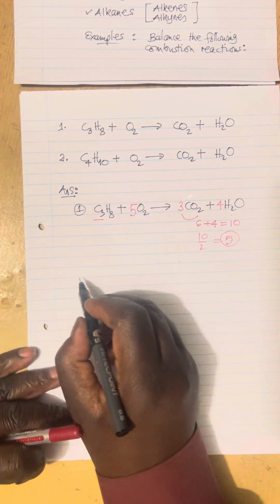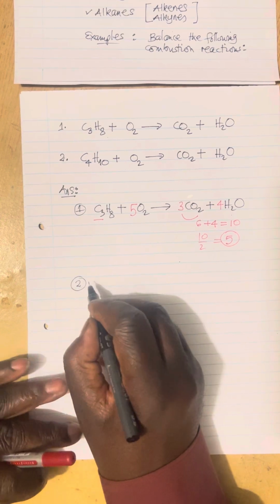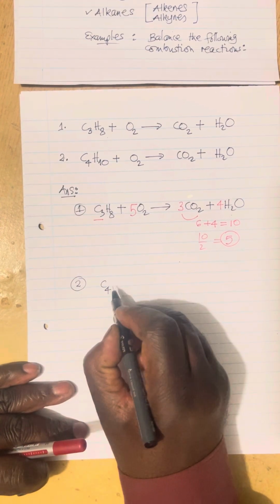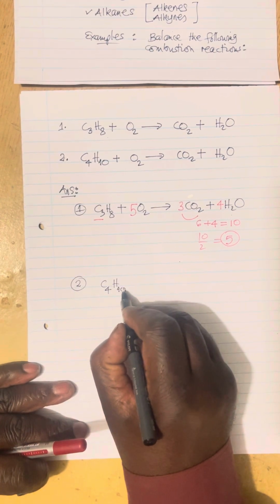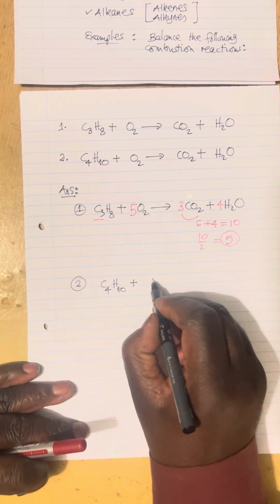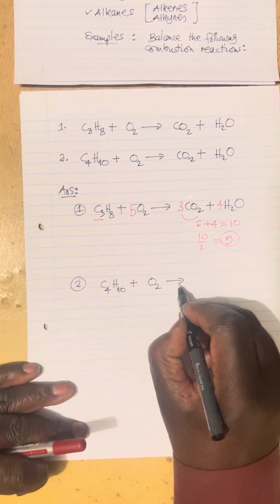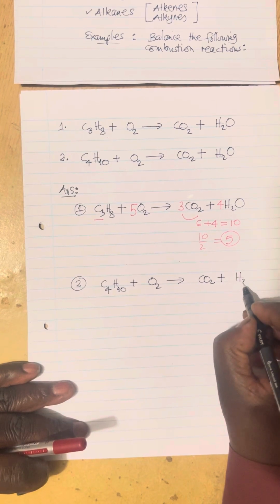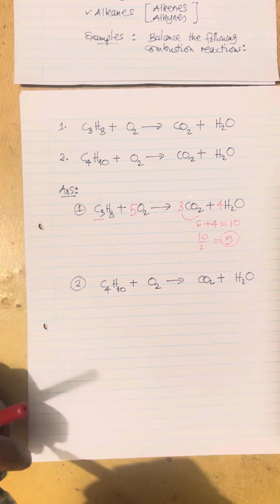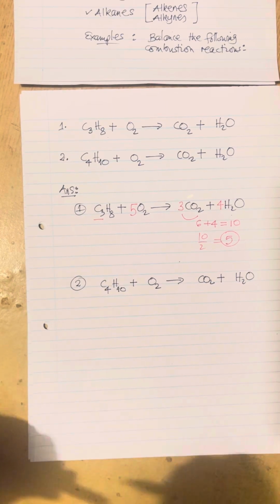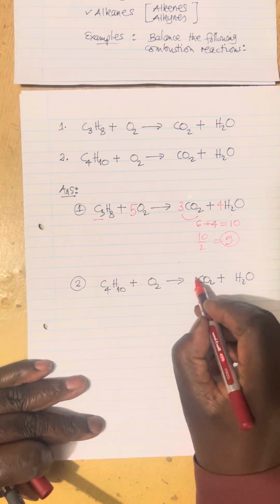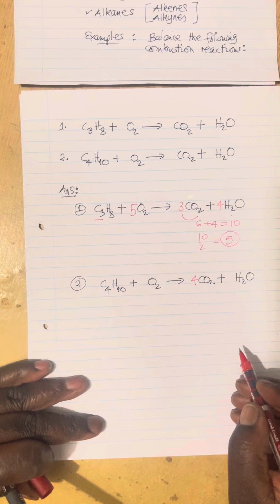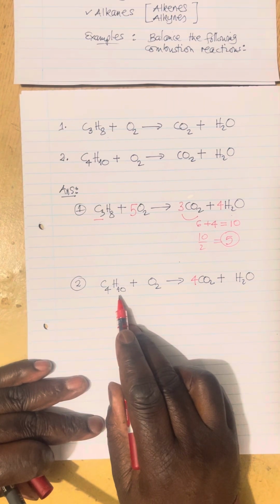The next one is number 2. We have C4H10, butane, combining with oxygen, giving us carbon dioxide and water. Let's balance this. So we have 4 carbons here. We need a 4 here, 4 carbons. We have 10 hydrogens here.